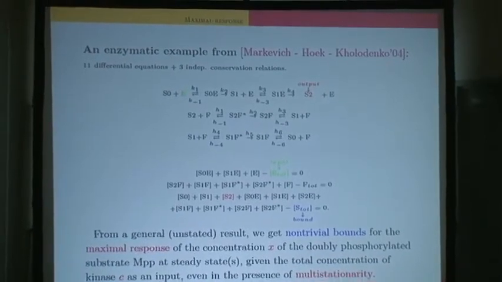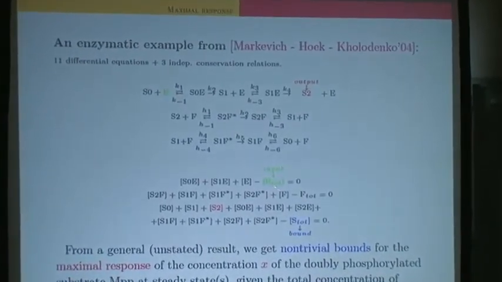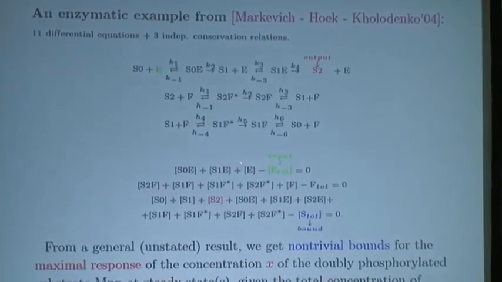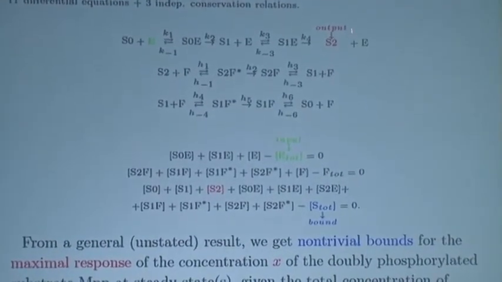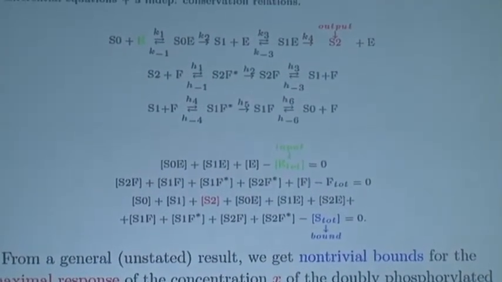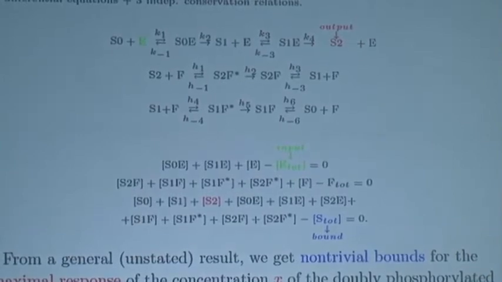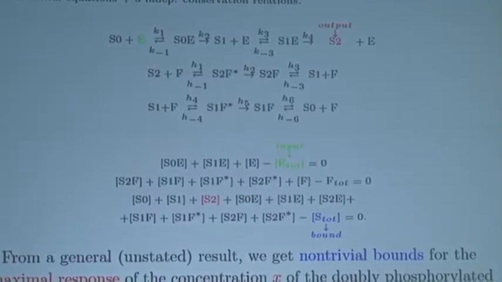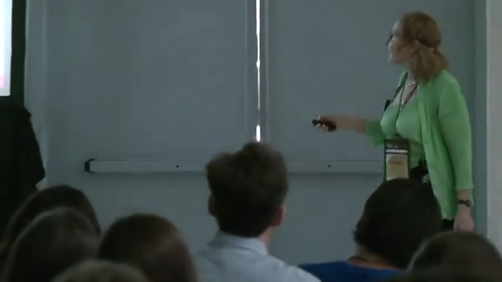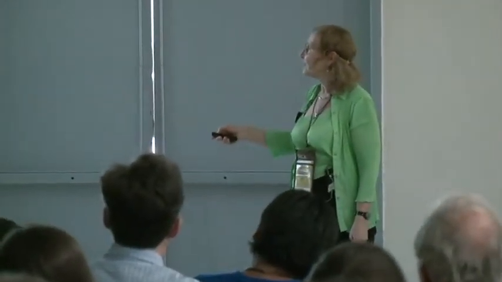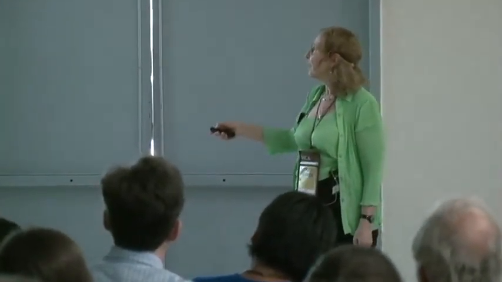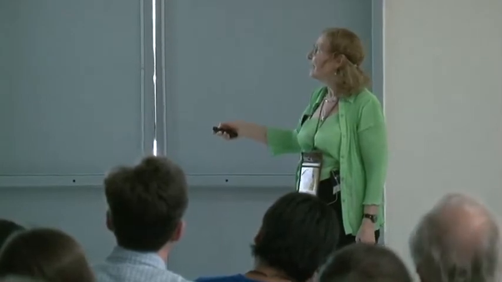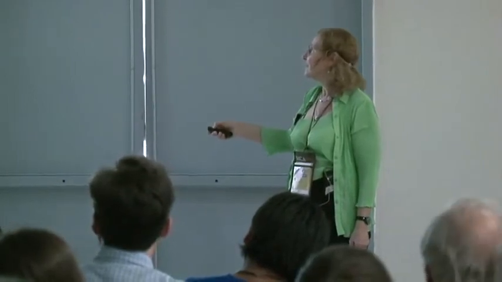Okay, so they want to understand what happens when we vary this input, the total amount of enzyme. They want to understand what they call the maximal response, which is the maximum possible value of the doubly phosphorylated substrate at any steady state. So there is an obvious bound, because one of the other conservation relations, these linear relations, has a sum of everything having an S. In particular, you have the concentration of S2 is equal to some fixed number.